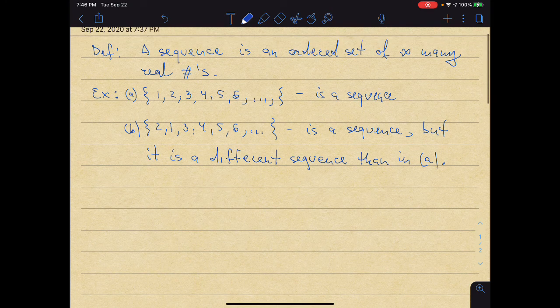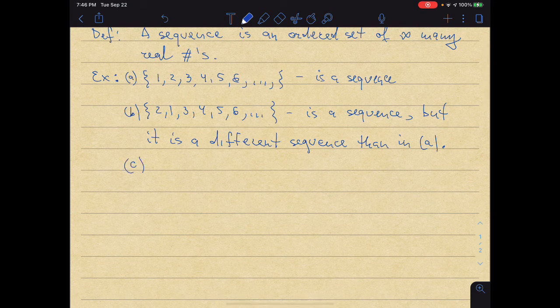If I'm saying that a sequence is an ordered set, that means that the order of elements is important. If at least two elements switch their locations, then you're already getting a different sequence.